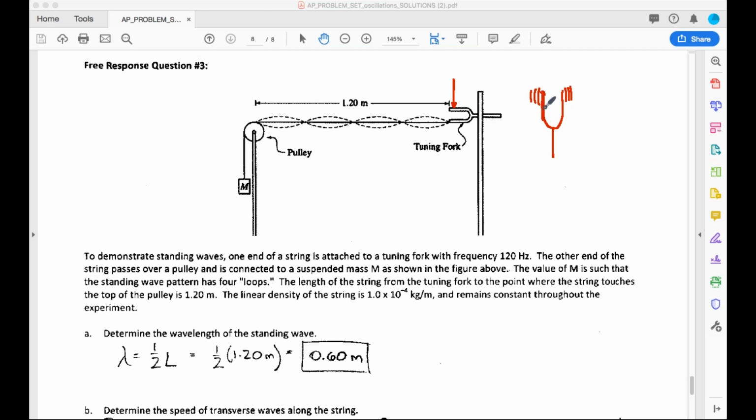They used to be used for tuning instruments, because the vibrational frequency of this particular fork would be a function of the length of the fork and the thickness of the material, and so they would effectively build them to have a very specific frequency. So perhaps the frequency of this particular tuning fork would be 512 hertz or 440 hertz, but that's really what a tuning fork does. It's just the source of vibration in this problem.